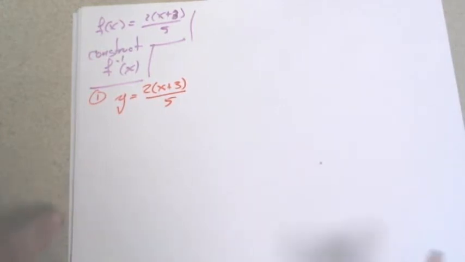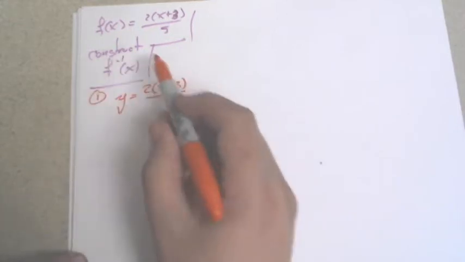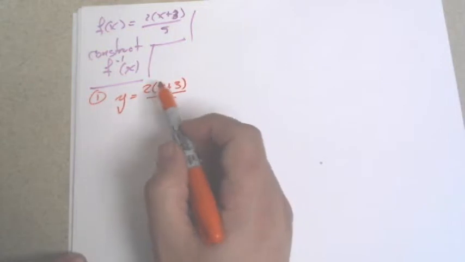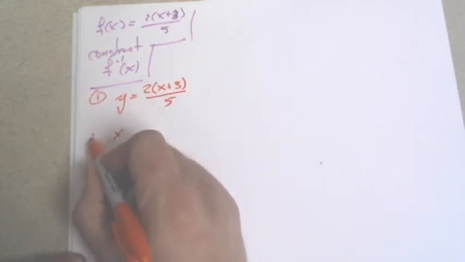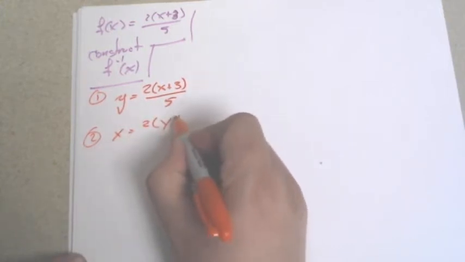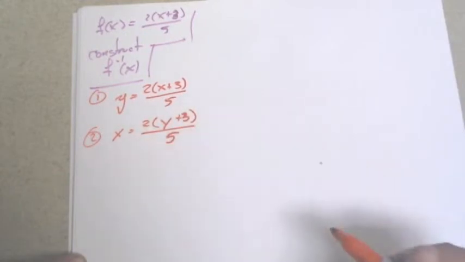As long as you're careful. And then, because the inverse takes our range and turns it into our domain and turns our domain into our range, we're going to switch our range and domain symbols. So part 2, switch x and y. As soon as you do that, you've really built the inverse relationship.